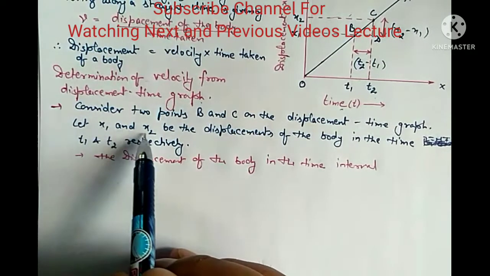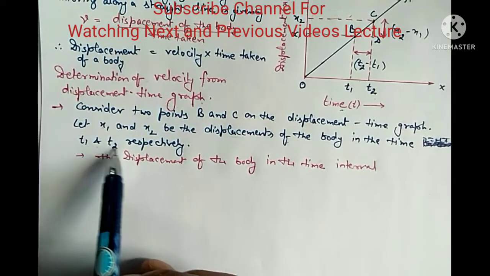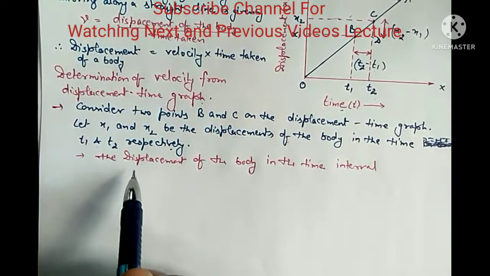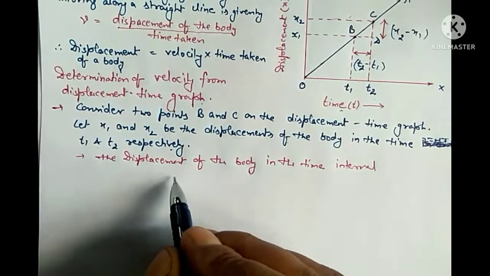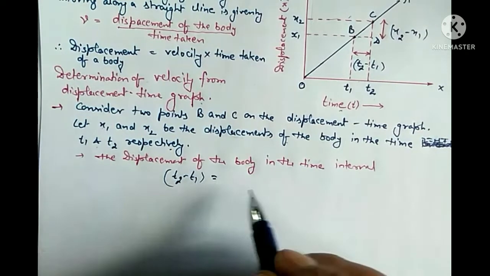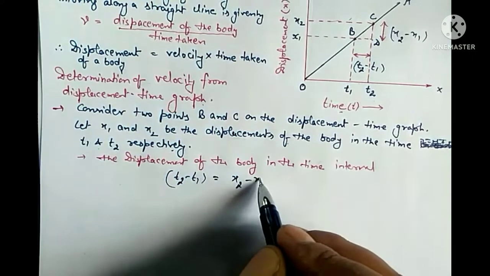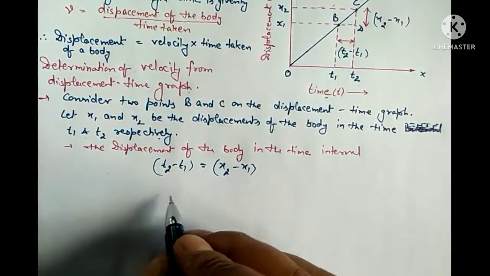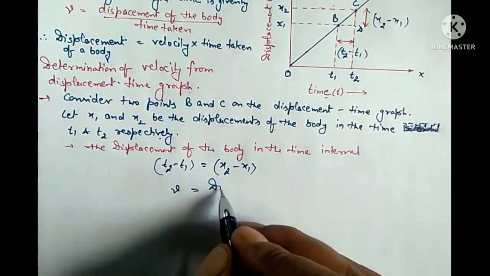Let x1 and x2 be the displacement of the body at times t1 and t2 respectively. Then the displacement of the body in the time interval t2 minus t1 is equal to x2 minus x1.